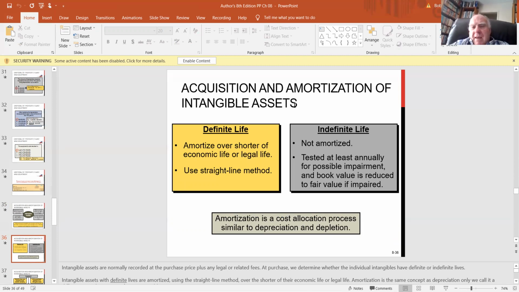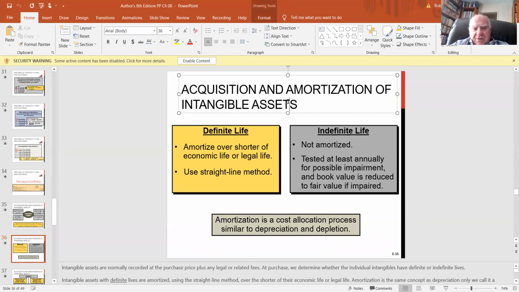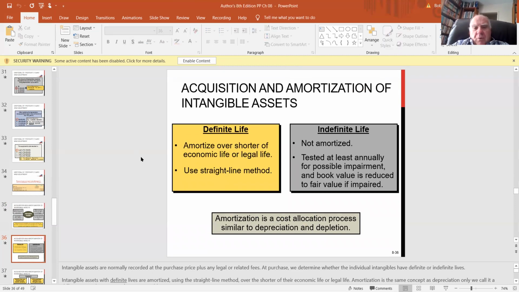Acquisition and amortization of intangible assets. If we have a definite life, we can use the straight line method. In fact, that's the only method, straight line amortization. If the life is indefinite, we just can't amortize it. We can't do anything with it.